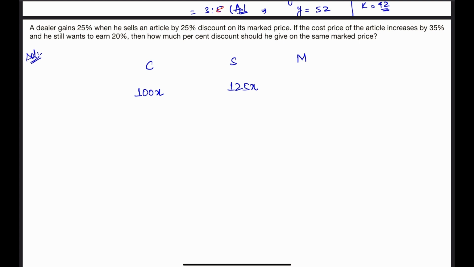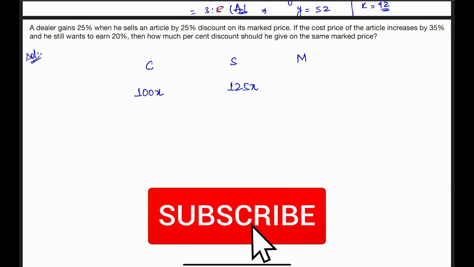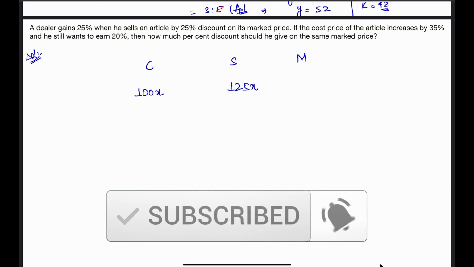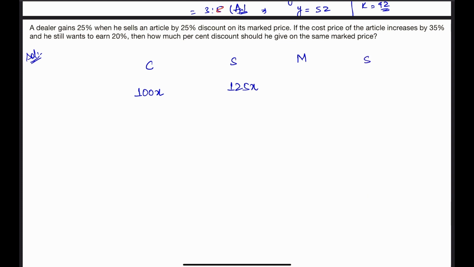And then it is said that when he sells an article at a 25% discount on the market price, I can solve this in many ways.